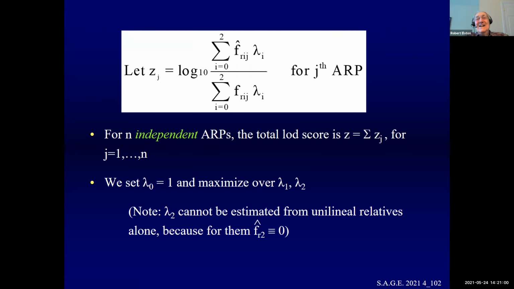This approach is something that I was using a lot on my big extended pedigrees. But of course we knew the results weren't exactly right, because in a big extended pedigree with many affecteds, you have a lot of non-independent pairs.